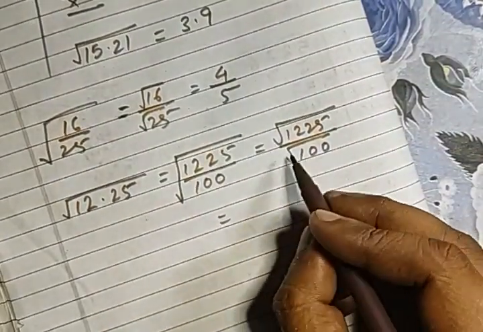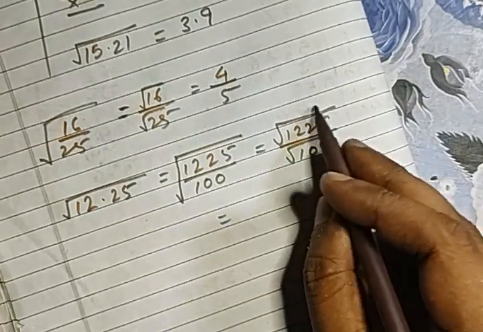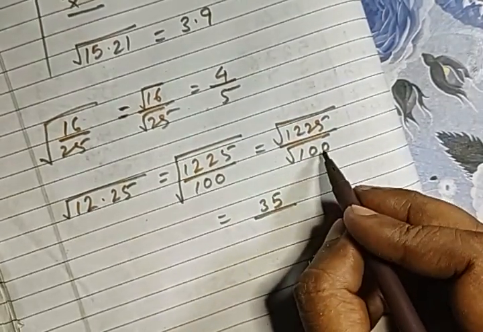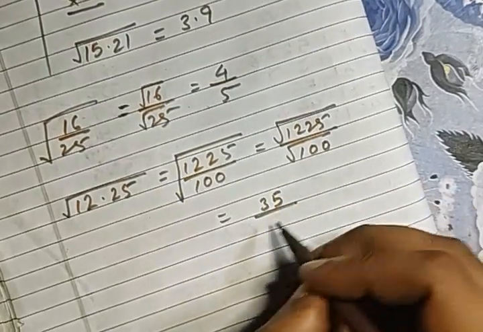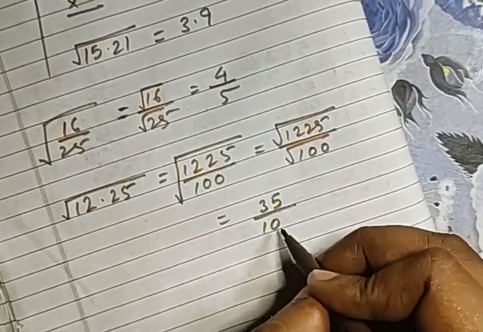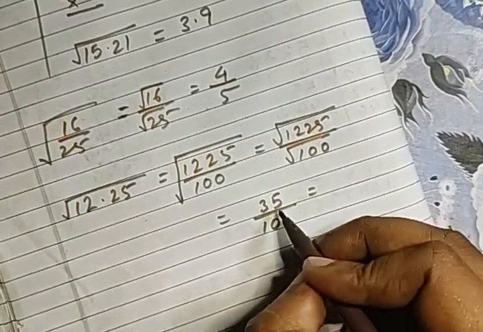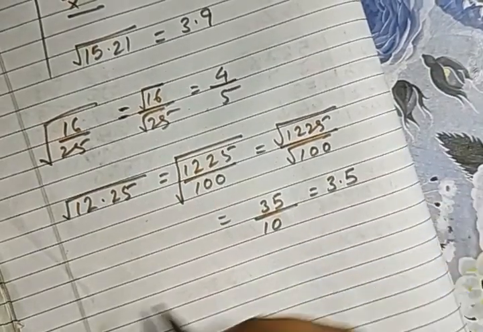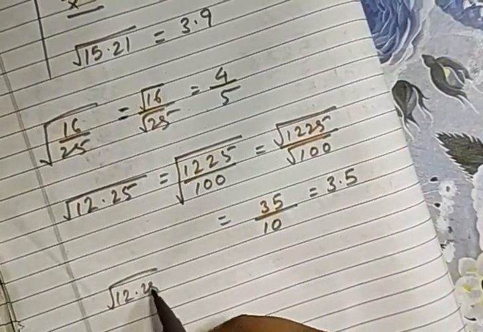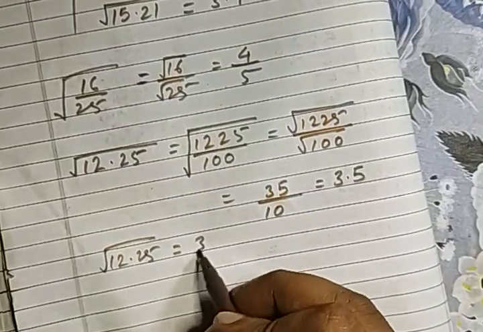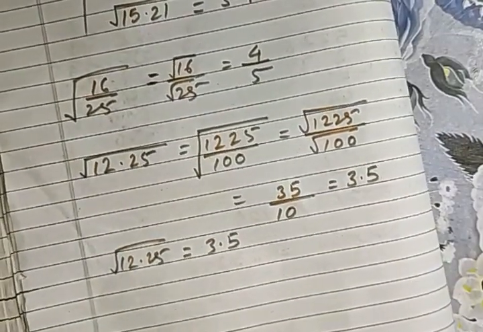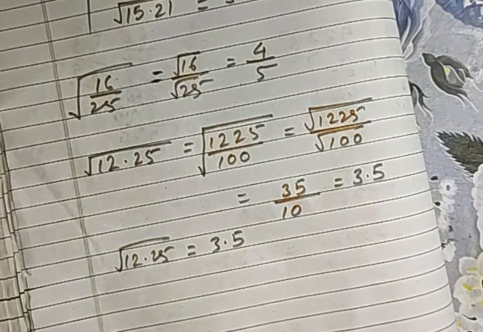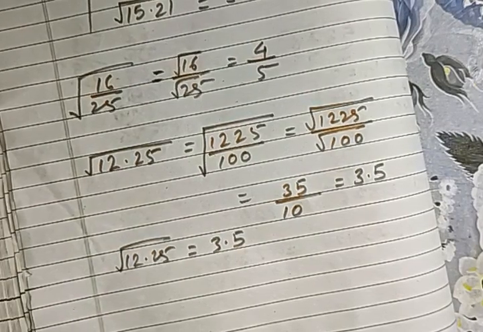So therefore root over 1225, this is the square of 35. So 35 I can write here, and here 100 is the square of 10. 10 tens are 100. So 10. After writing this, you put the point again, so that is 35 by 10, we can write it as 3.5. Okay. So therefore the root of 12.25 is 3.5. Okay. So in this way you can do it for the fractions.